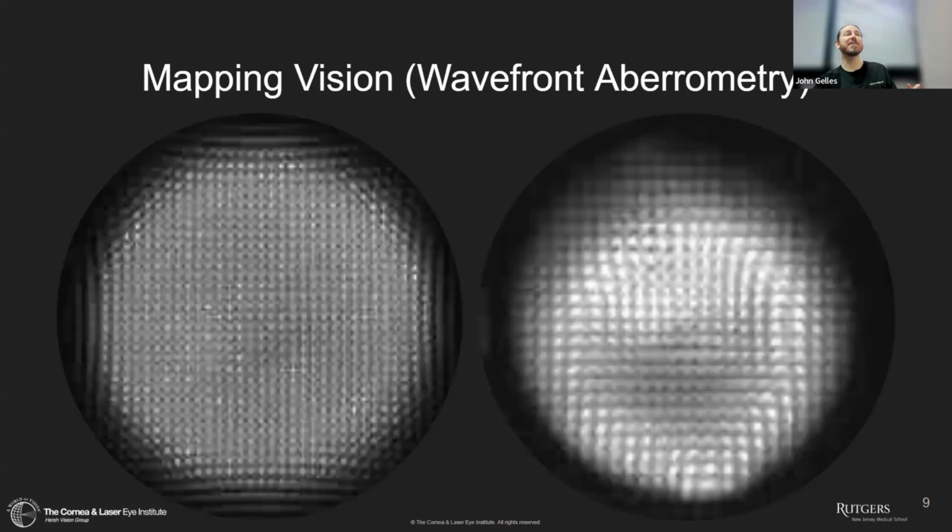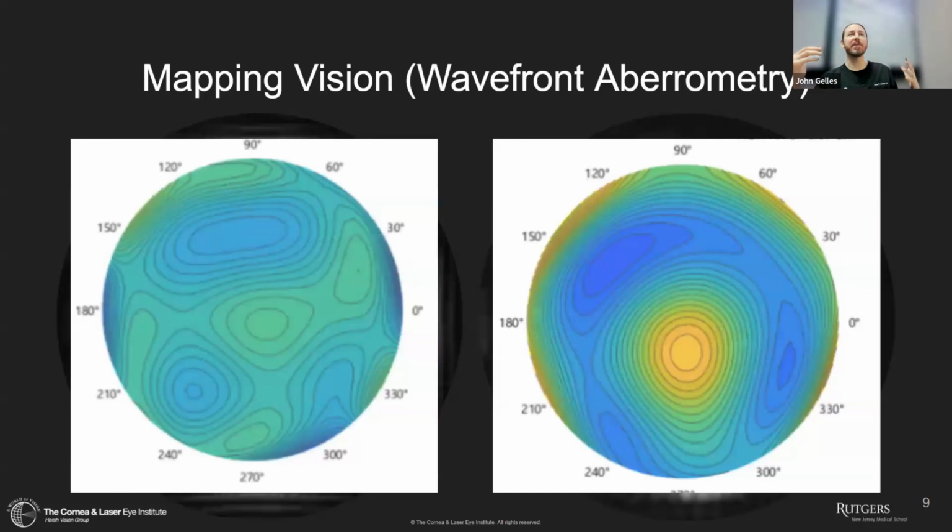But what we can do with those raw sensor images is, by running simple algorithms on them, turn those into heat maps, right? On the left, we can see homogeneous color across this, indicating that there's not much variation. Whereas on the right-hand side, we can see that there's a big amount of change in that color scale, indicating that there is an area of deviation and an area of increased deviation.